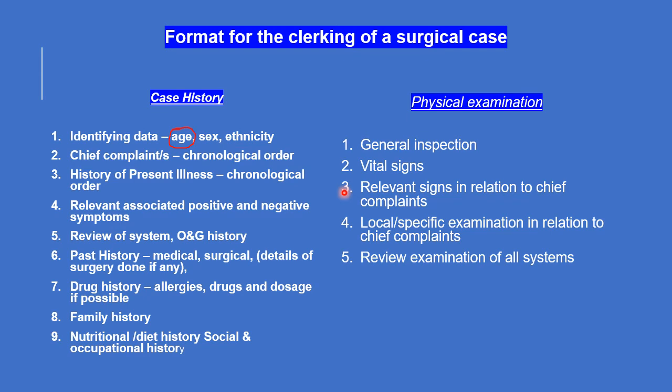If the chief complaint is vomiting of blood, then look for signs of anemia. Local or specific examinations in relationship to the chief complaint. For example, if it's an abdominal pain, then you examine the abdomen for specific signs. And then review of the system, examination of all the systems from head to toe.